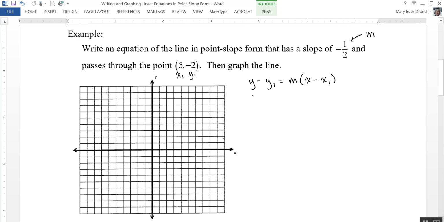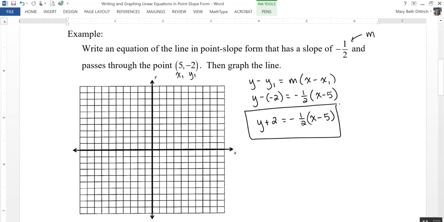So I can just plug those in. y minus a -2 equals the slope, -1/2 times x minus 5. I can clean that up by making it y plus 2 equals -1/2 times the quantity x minus 5.